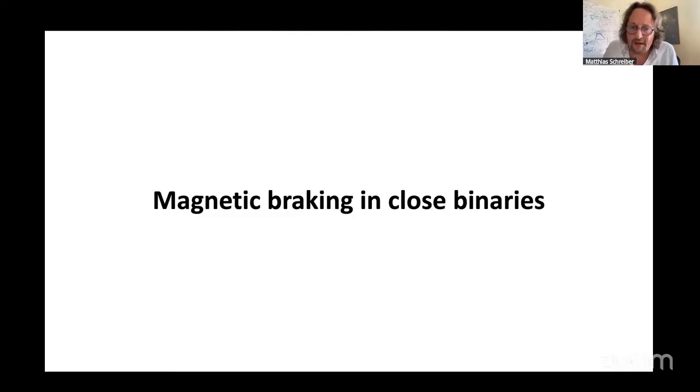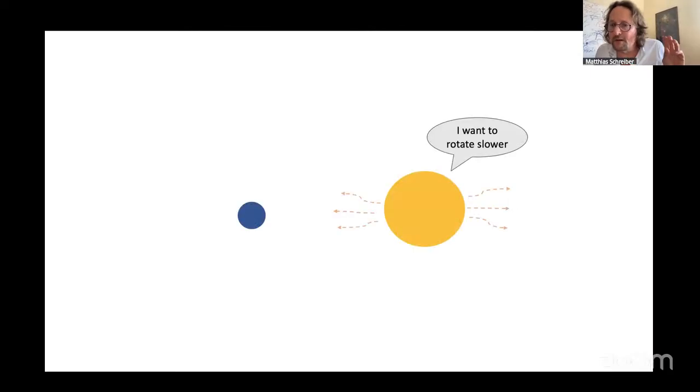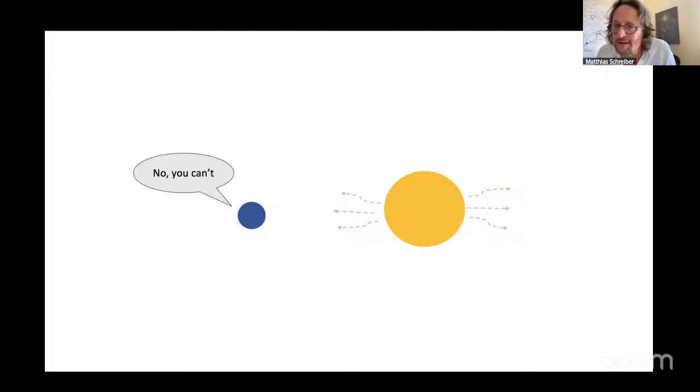So if you have a star, which consists, for example, of a white dwarf and a normal main sequence star that is active, so it has magnetic braking, and the orbital period must be below 10 days. So this star then says, yeah, I want to rotate slow because I'm losing angular momentum through this wind. But the white dwarf actually says, no, you can't, because there are tidal forces that force you to rotate with the same period as the orbital period.